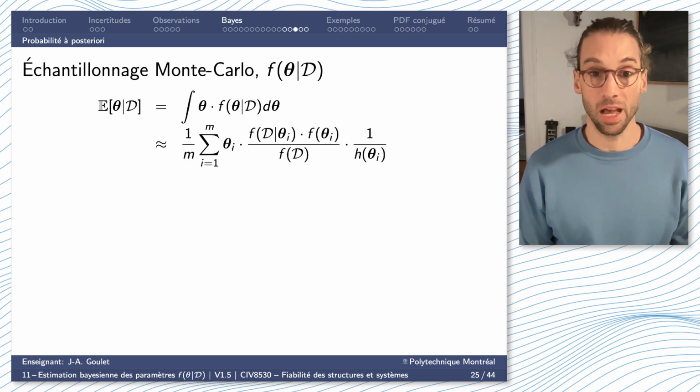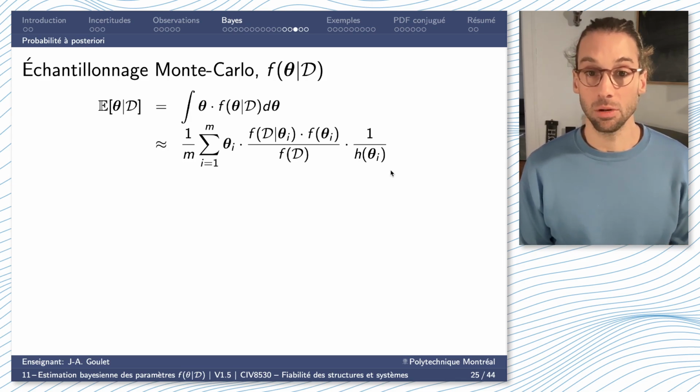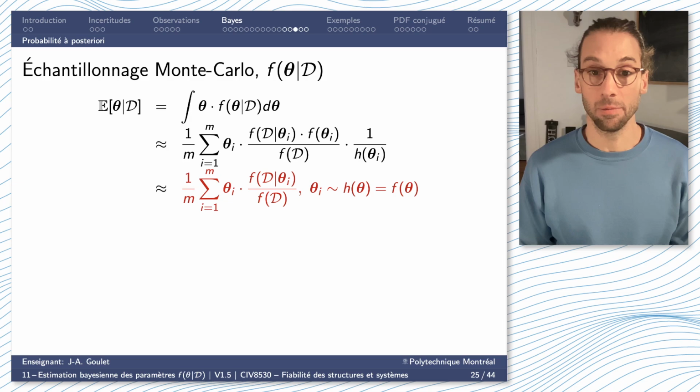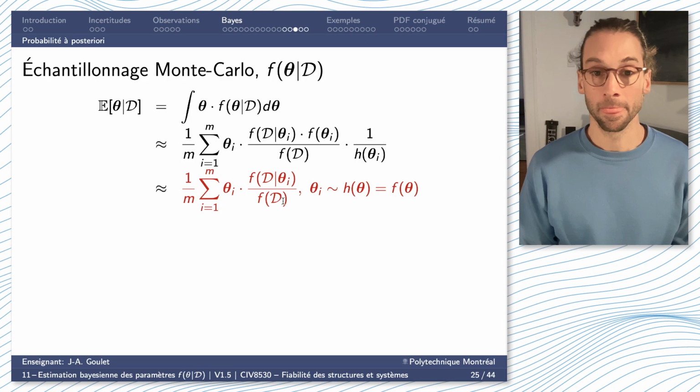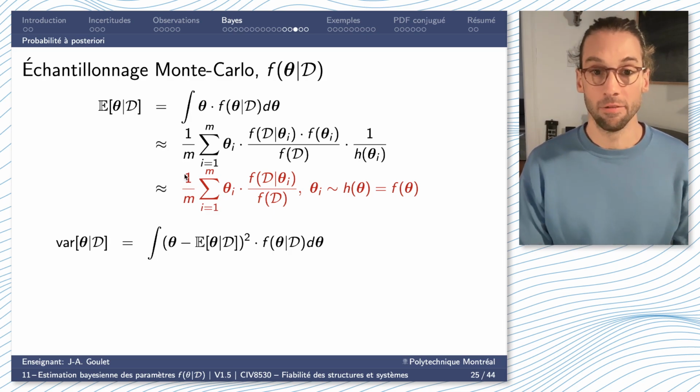So for the expected value, we can say 1 over m, sum over all my m samples, theta i times my formulation here for my posterior. In the case where h of theta is my prior, it is going to be simply the values of my likelihood for my samples theta i, divided by my normalization constant. If I want to characterize my posterior variance, it is theta minus the value we have computed here.